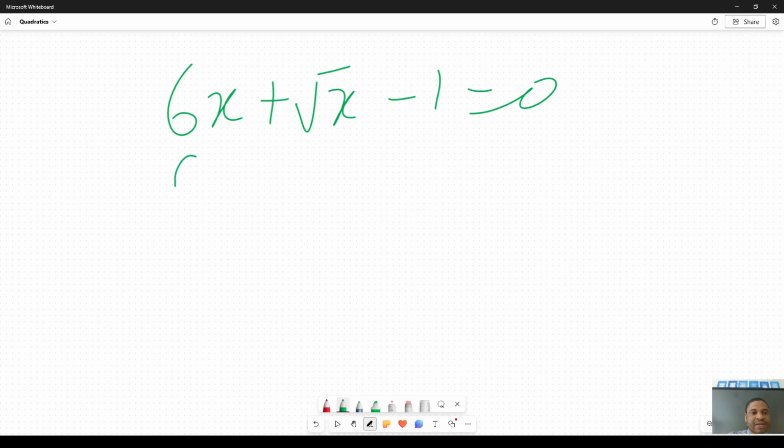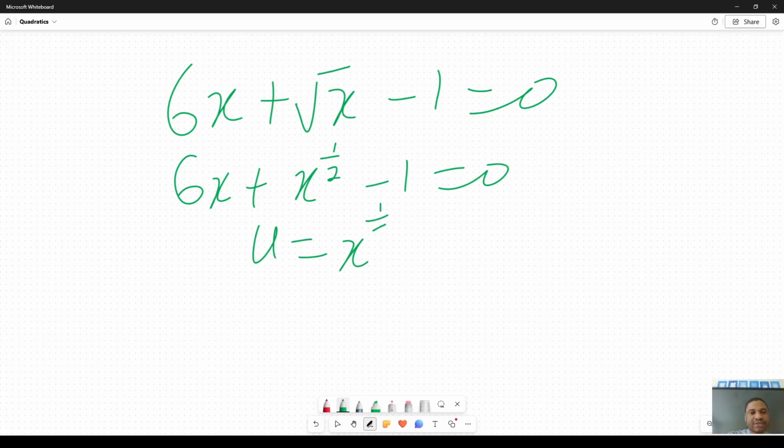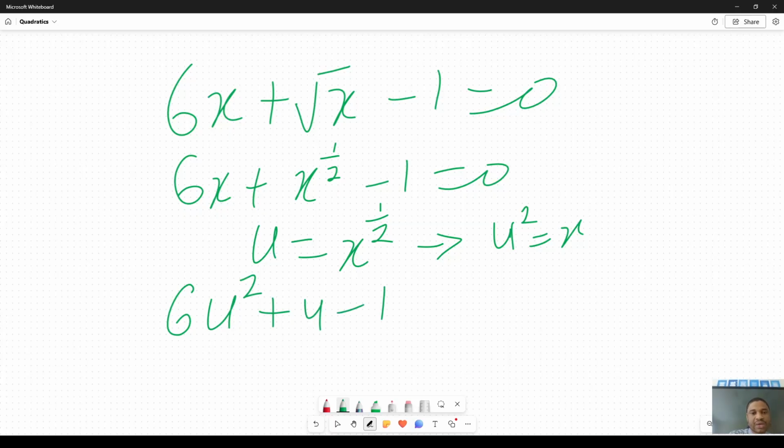Remember, the lowest power here is x to the power of half. So u is x to the power of 1 by 2, so that gives me u squared is equal to x. So this will be 6u squared plus u minus 1 equals to 0.